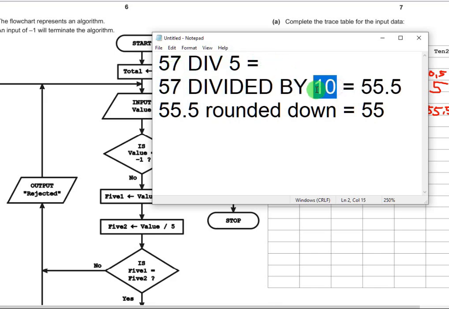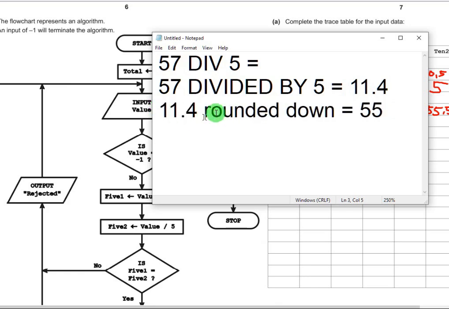Div 5. It will be, is it 10? No, it's 11.25. Okay, 11.4.